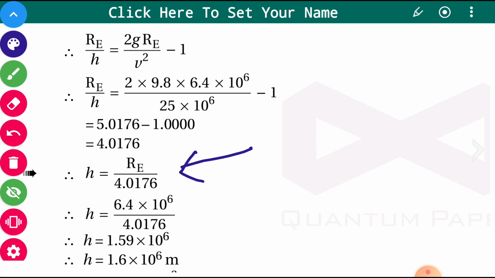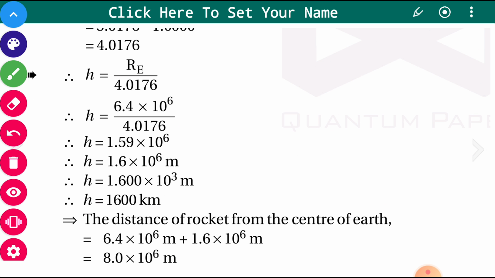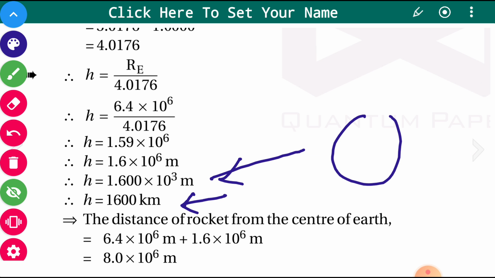Now you can get the value of H. H is nothing but RE upon this 4.0176 and place the value of RE. You will get the height at which the rocket is reaching, that is 1600 kilometer. So total height will be RE plus this height.